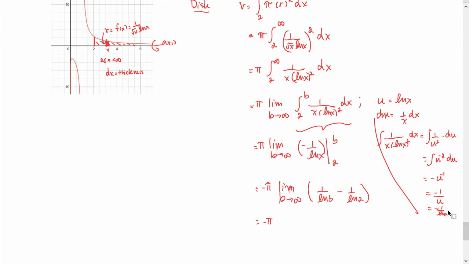For 1 over natural log b, as b approaches infinity, this term approaches 0. Therefore, the answer is negative pi multiplied by negative 1 over natural log 2, or pi divided by natural log 2 as a result.